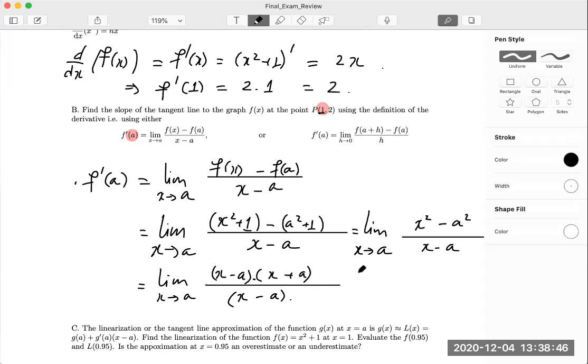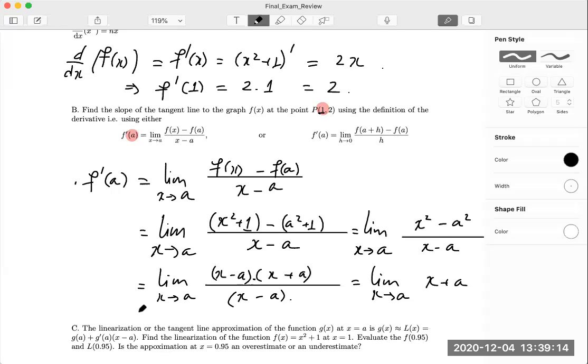Therefore, we can simplify it, and simplified, it becomes the limit of x plus a as x approaches a. Oh yeah, that's fine, nothing wrong.